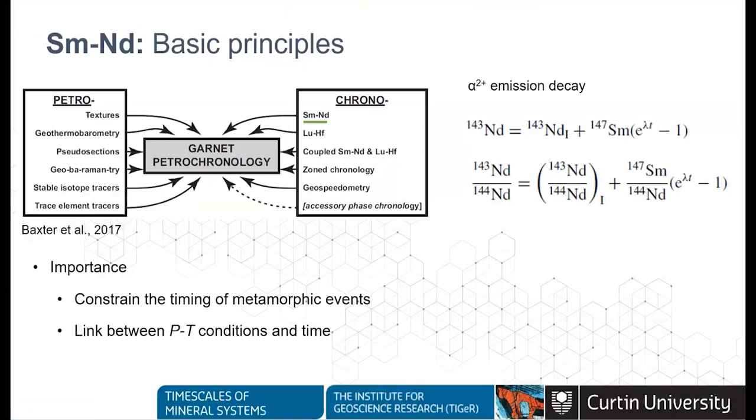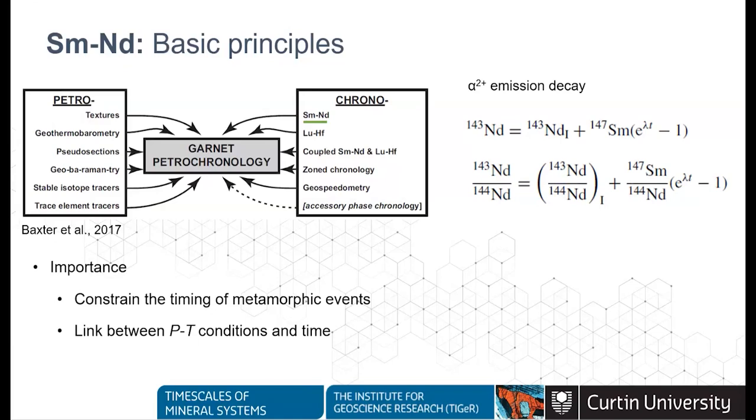So we can look at the garnet textures, quantify pressure and temperature conditions through barometers and thermometers, pseudosection modeling, Raman, stable isotopes, trace elements, oxygen isotopes, and then we can relate all of these characteristics of the garnets to petrological processes, but then we can also link this to chronological processes.